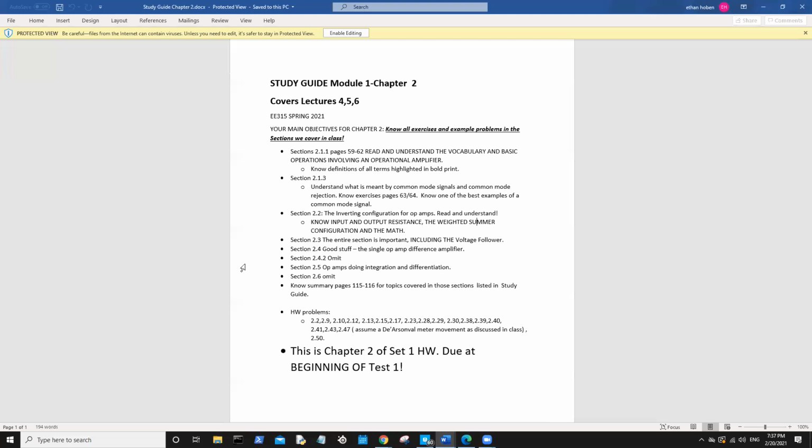So for the difference amplifier, you have two input voltages on pins 1 and 2, rather than one of the inputs being connected to ground. So you have two different voltages, and it's doing the whole common mode gain, subtracting one voltage from another.